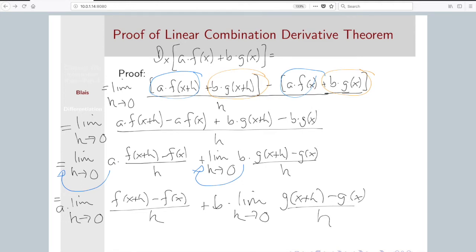And now we notice this is nothing more than the definition of f prime of x, and this limit expression is nothing more than the definition of g prime of x. Which is what we wanted to show, that the derivative of a linear combination is the linear combination of the derivatives.